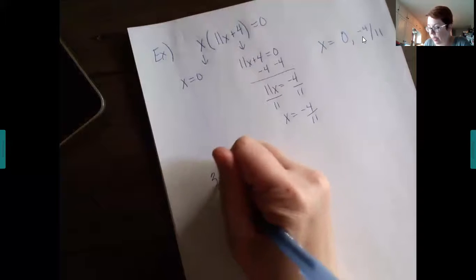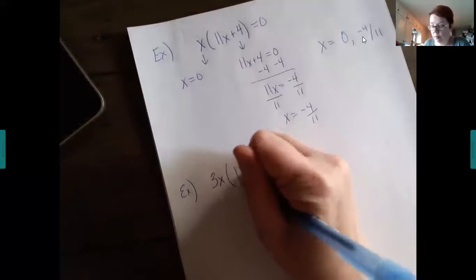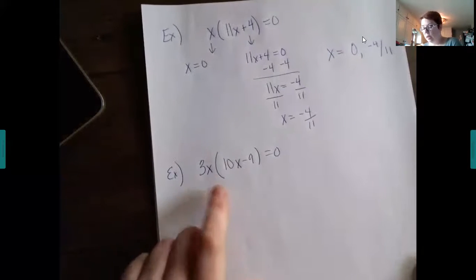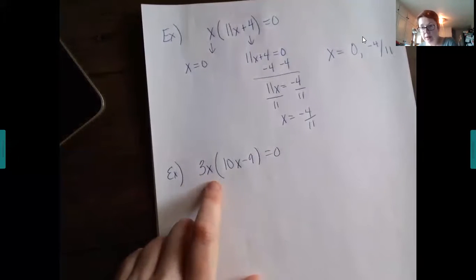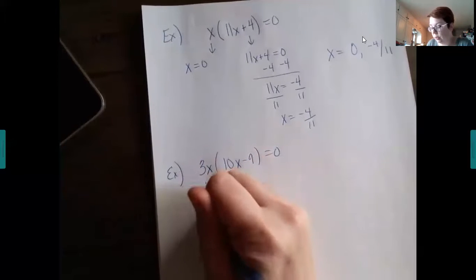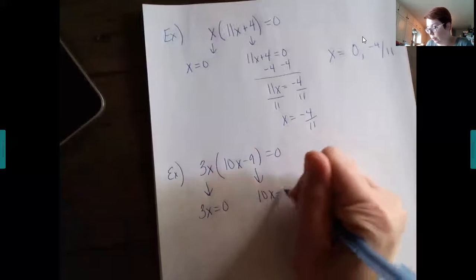Same thing if it's like a 3x in front. Something like that. Since this is 3 times the variable, 3 times some unknown, because this has an x on it, we're going to set that equal to 0. Always set this one equal to 0.